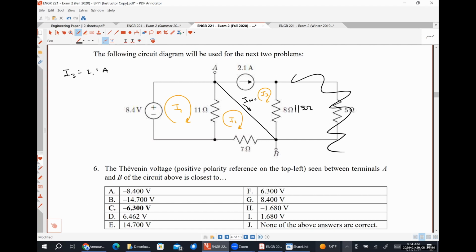Around mesh 1, we'll have negative 8.4 volts plus 11 ohms times I1 minus I2 is equal to 0. And then around mesh 2, we will have 11 ohms times I2 minus I1 plus 7 ohms I2 is equal to 0. Solve that system. Our Norton current is I2 minus I3.